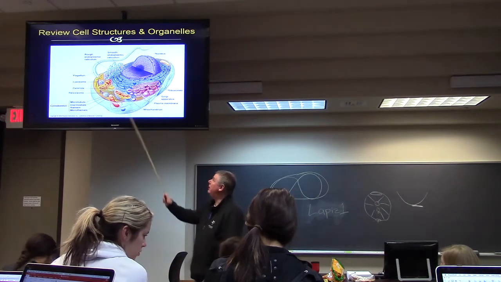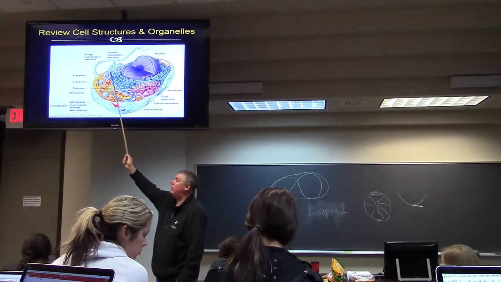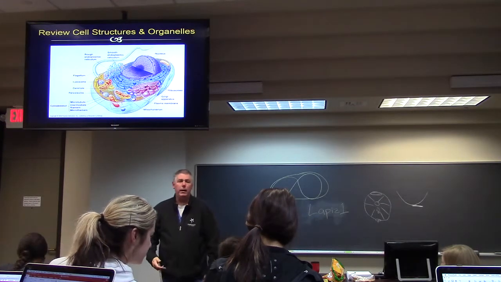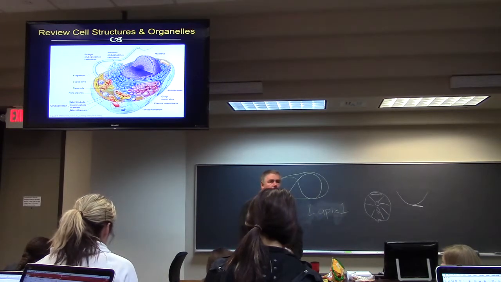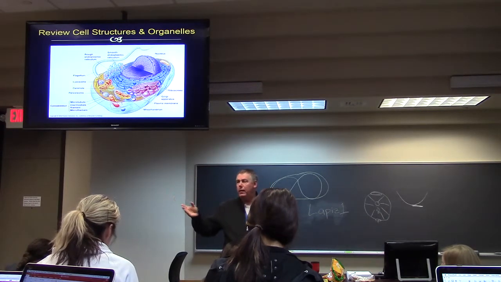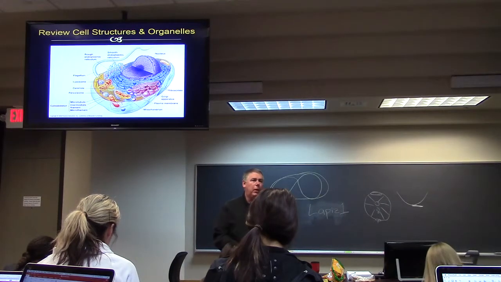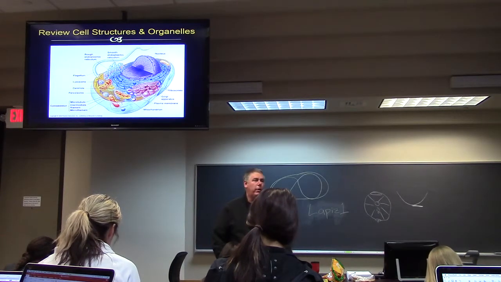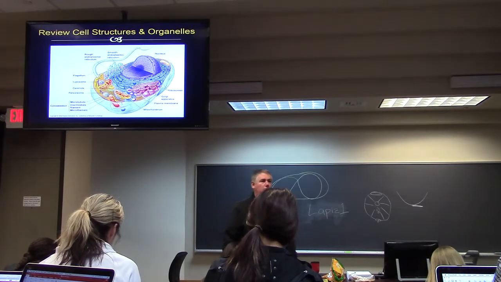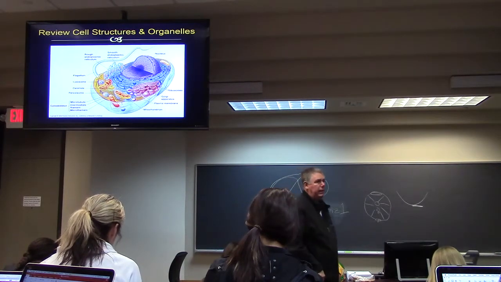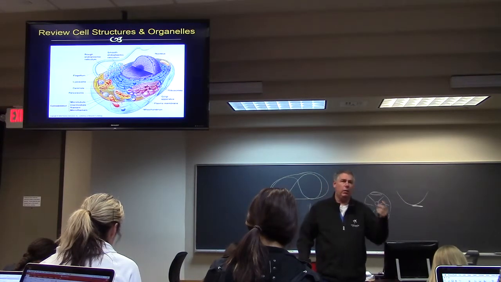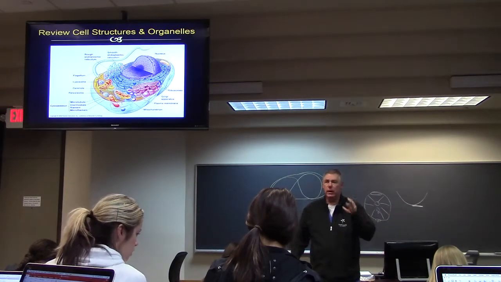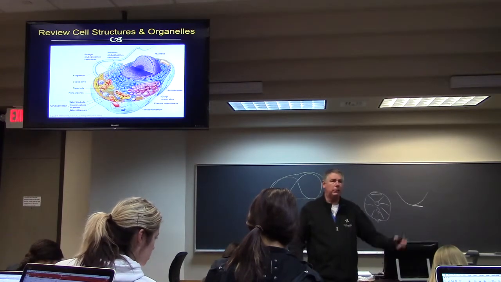Over on the other side here, you'll see the smooth endoplasmic reticulum. Smooth ER contains a series of enzymes located on its membrane. Those enzymes are responsible for converting cholesterol into other lipid-related substances like cortisol, your sex hormones, aldosterone.